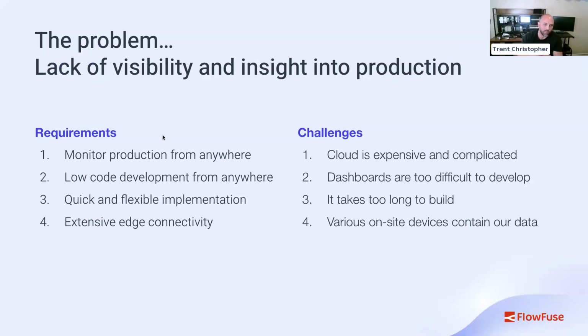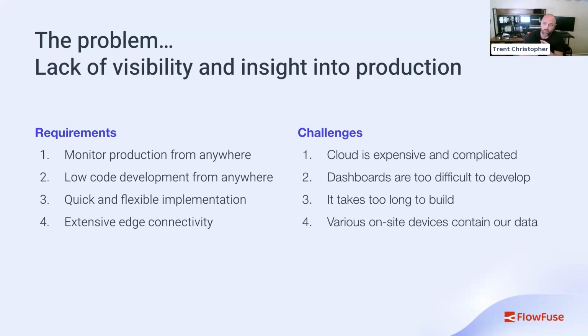Okay, so the big problem we're going to try to solve today is the lack of visibility and insight into production. This is a very common problem for many manufacturers, and also for equipment builders, who may not have the live visibility they need into their equipment or process.